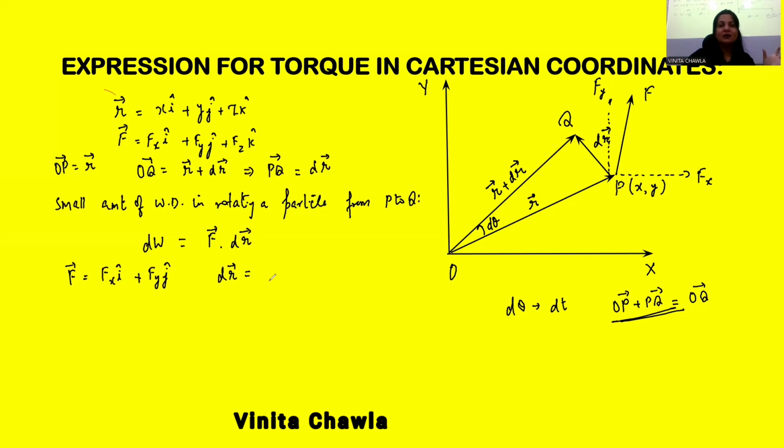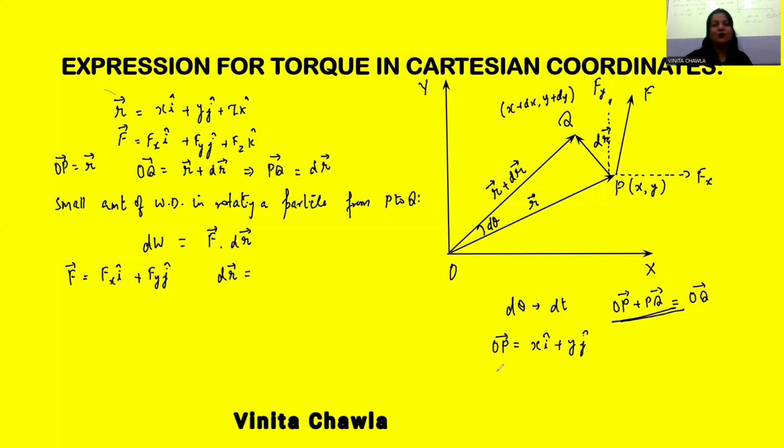OP वेक्टर r है, OQ r plus dr है. अगर हम वेक्टर r p के कोऑर्डिनेट्स ले रहे हैं xy, so we can take the coordinates of q as x plus dx, y plus dy, right? How do we write vector OP? x i cap plus y j cap.